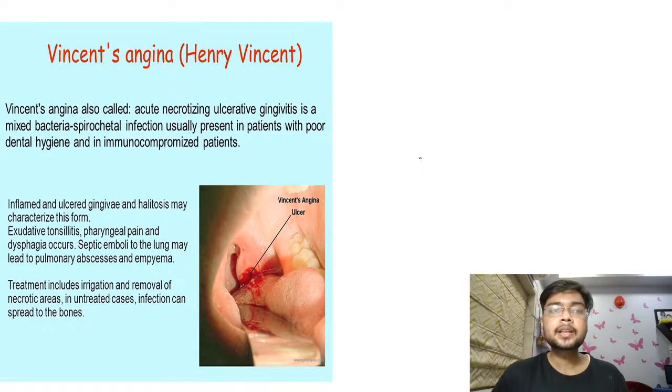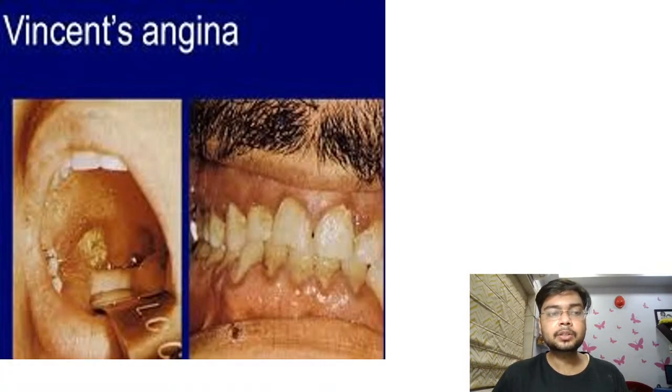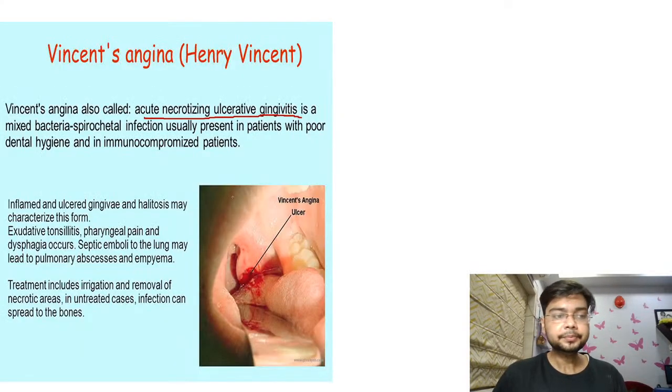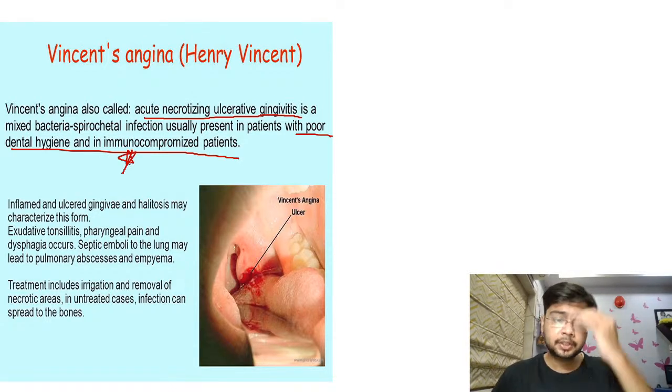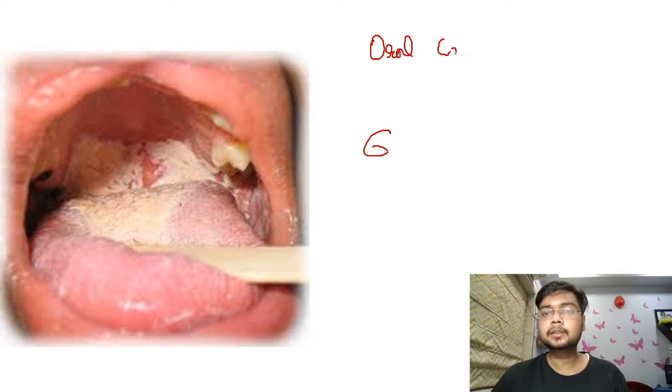Okay, another thing is Vincent's angina, which is also called acute necrotizing ulcerative gingivitis. So here also you will get patchy lesions in the oral cavity with gingivitis. So you should also know that there is something called Vincent's angina, which basically occurs in poor dental hygiene and in immunocompromised patients. Now, as I said, immunocompromised patients, there is another condition called oral candidiasis.